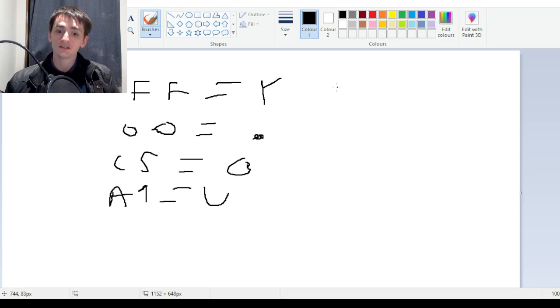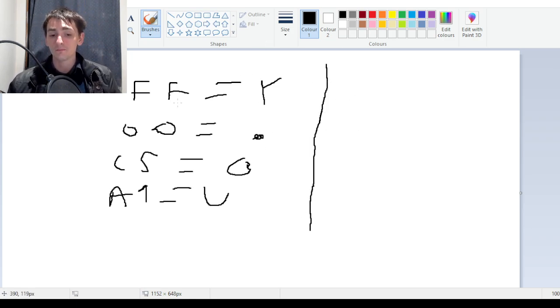In simple terms, the computer looks at these hex values and then looks at this chart of all these letters with their corresponding values in hex.